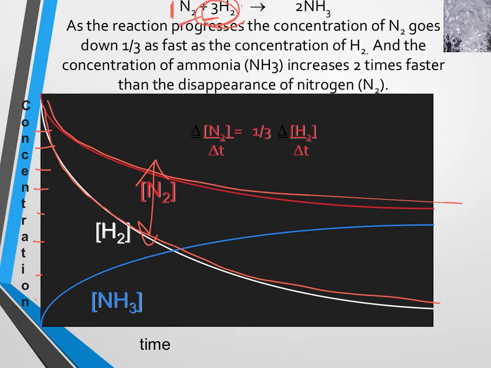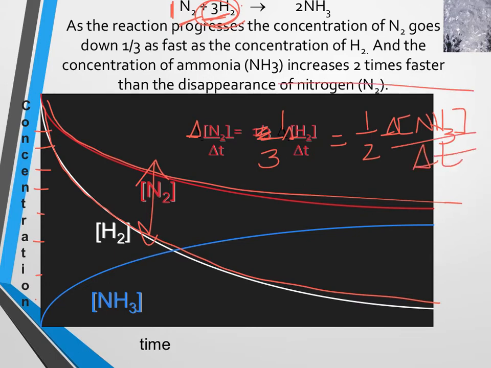So if you were to write the relative rate expressions for all of these, and it looks like I picked a bad color to understand that, but you would, there we go, change in concentration of nitrogen over time, and hydrogen has a 3 coefficient, so probably easier to understand like this. 1 over 3 times the change in concentration of hydrogen, and that would equal 1/2 times change in concentration of ammonia over time.